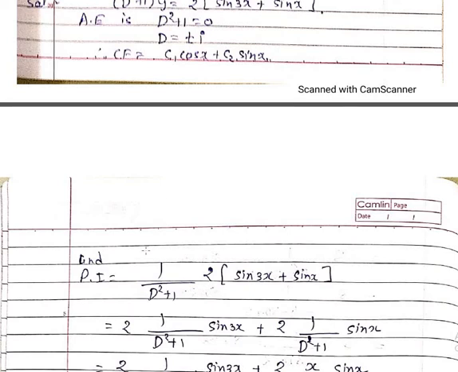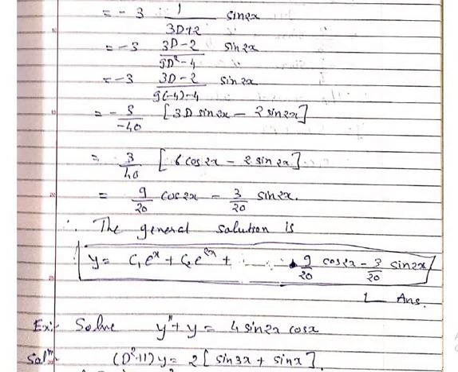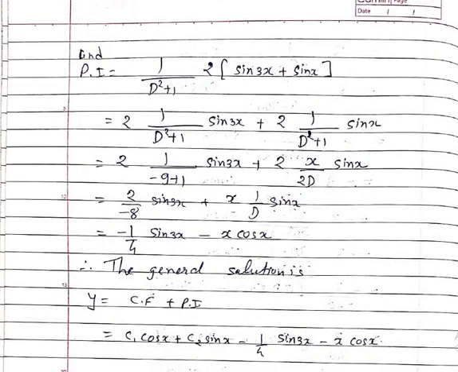And that will give you PI is equal to 1 upon d square plus 1 of 2 sin 3x plus sin x. So separating the terms, that will give 2 into 1 upon d square plus 1 sin 3x plus 2 into 1 upon d square plus 1 sin x.